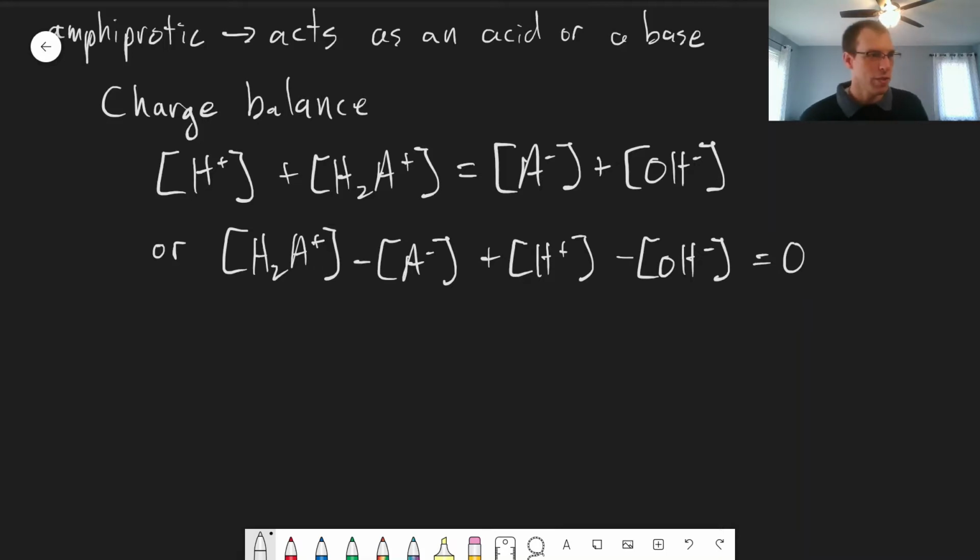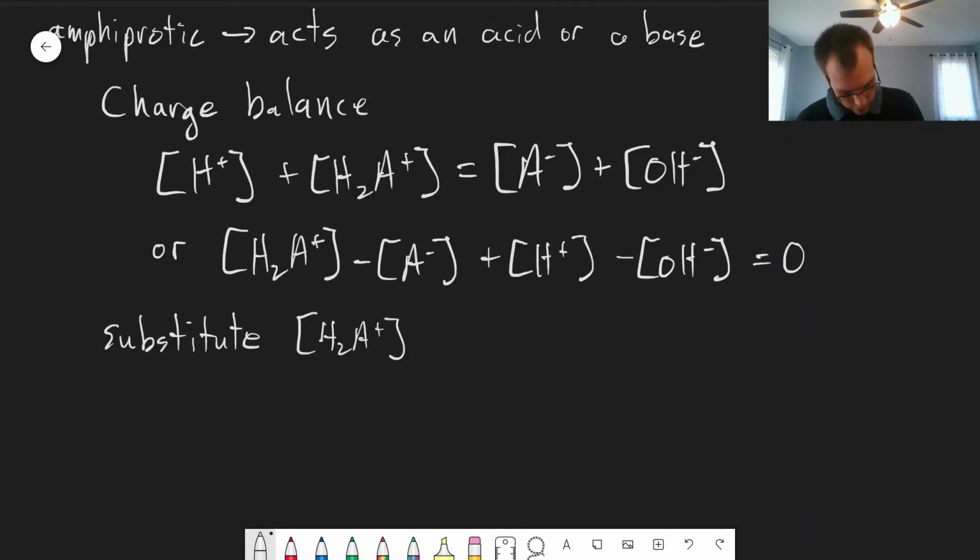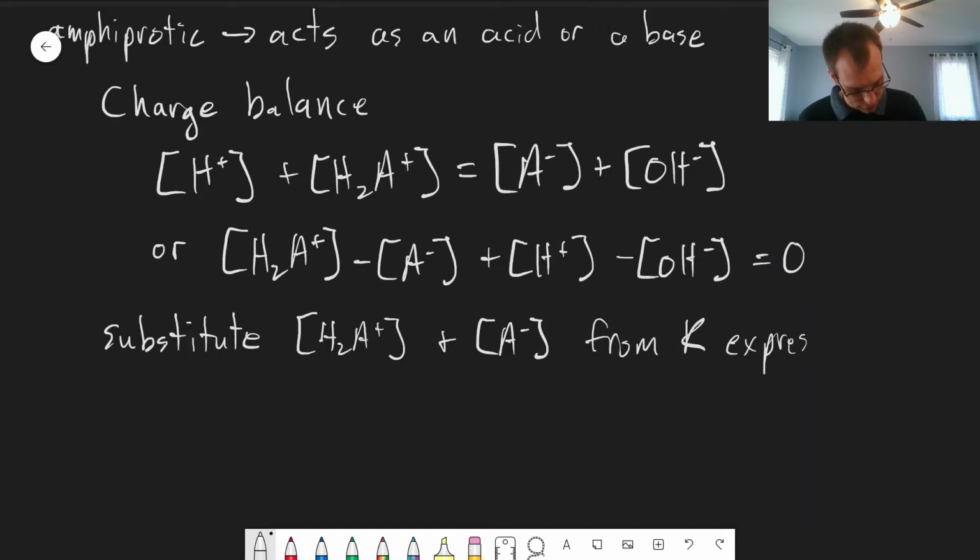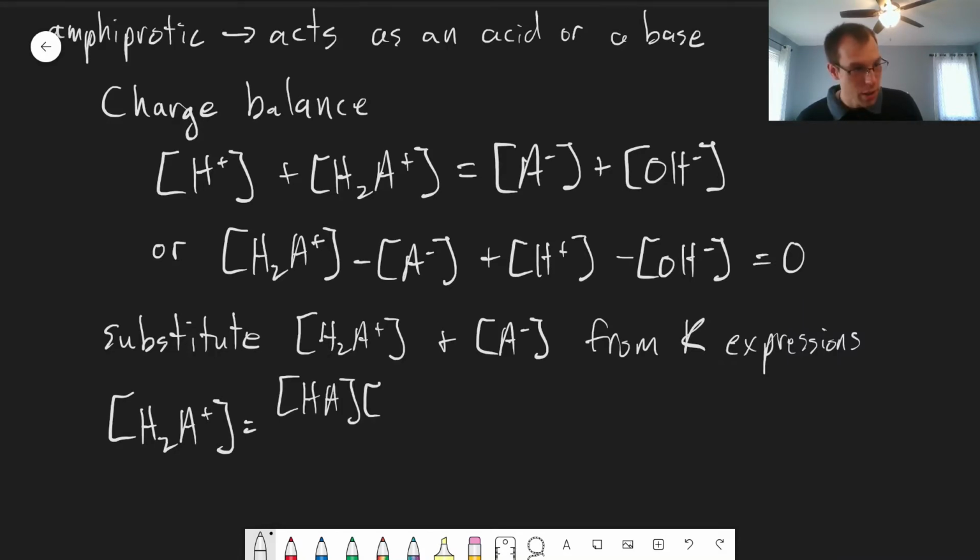Okay, so now that we have this relationship, what we're trying to do is get everything in terms of a few variables. So let's substitute. We want to eliminate some of these. Let's substitute concentration of H2A plus and A minus. We want to get everything in terms of K values. We'll substitute those from their K expressions. H2A plus shows up in Ka1. So we rearrange the Ka1 expression: concentration of H2A plus is HA and H plus divided by Ka1.